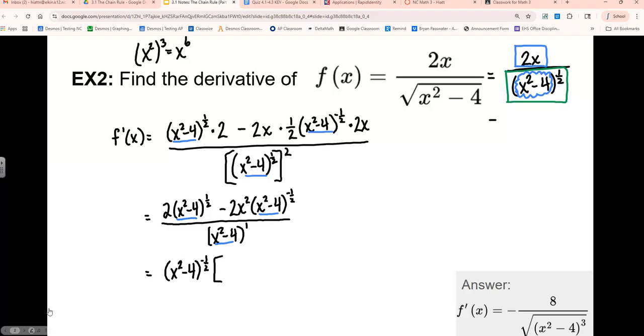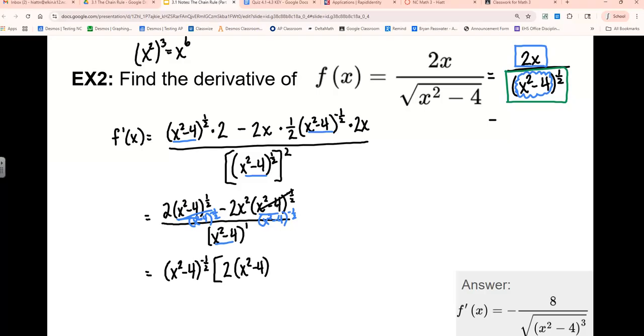And so if you take that out of the numerator, what you're doing is you're dividing by x squared minus 4 to the negative 1/2 on both of these. For the first one, you got your 2. 1/2 minus negative 1/2 is going to be 1, so you have x squared minus 4 right there.